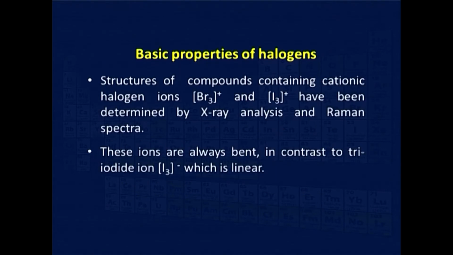The structures of compounds containing cationic halogen ions like the tribromine cation and triiodine cation have been determined by X-ray analysis and Raman spectra. These ions are always bent, in contrast to the triiodide ion, I3-, which is linear in nature.